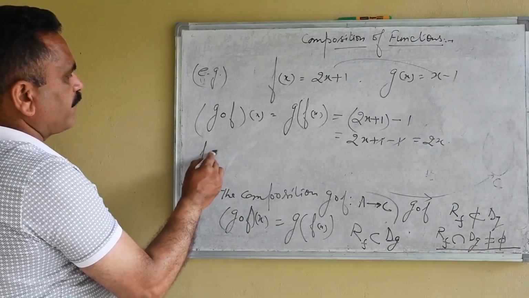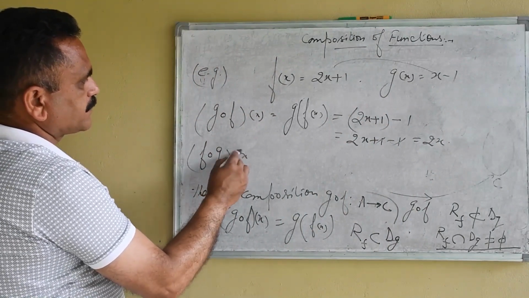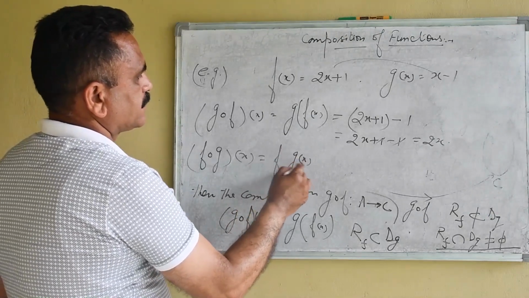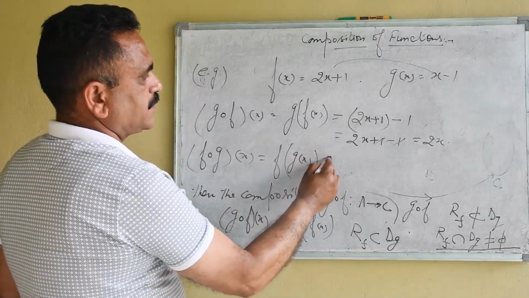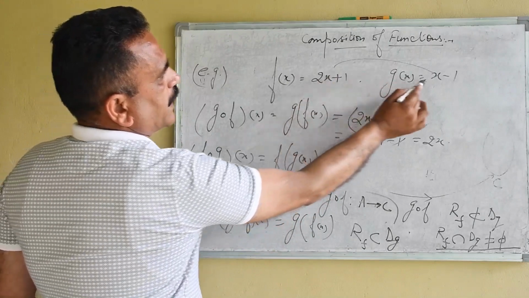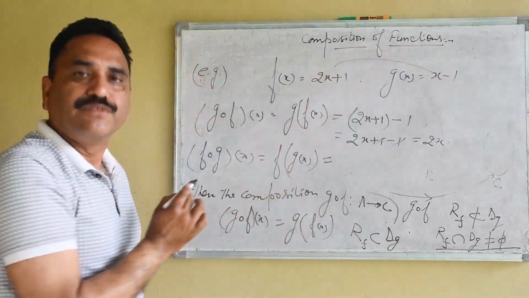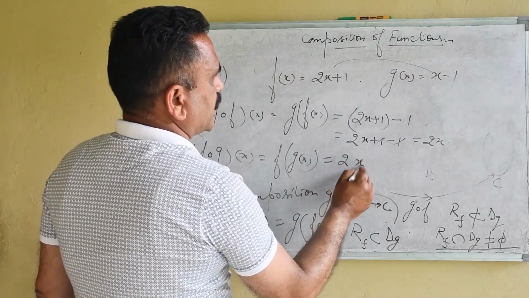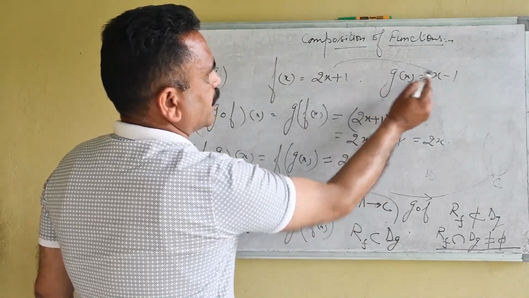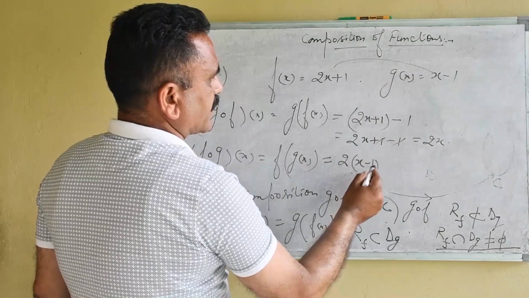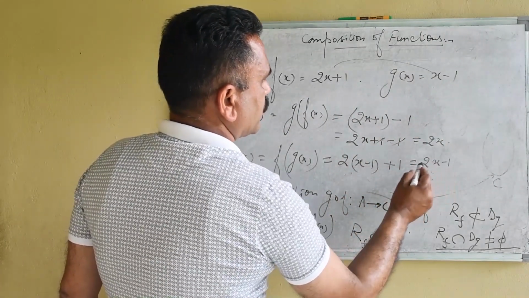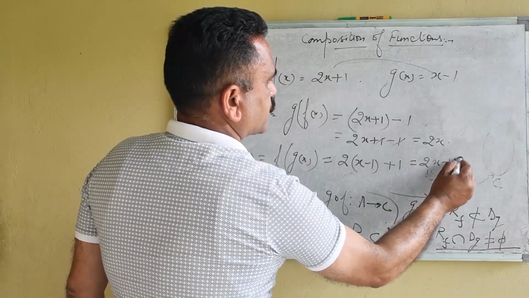And what would be f of g of x? So this is f of g(x). That means instead of x, we have to substitute the value of g(x). So in 2x plus 1, instead of x, we are going to substitute the value of x minus 1. So this is 2(x minus 1) plus 1.